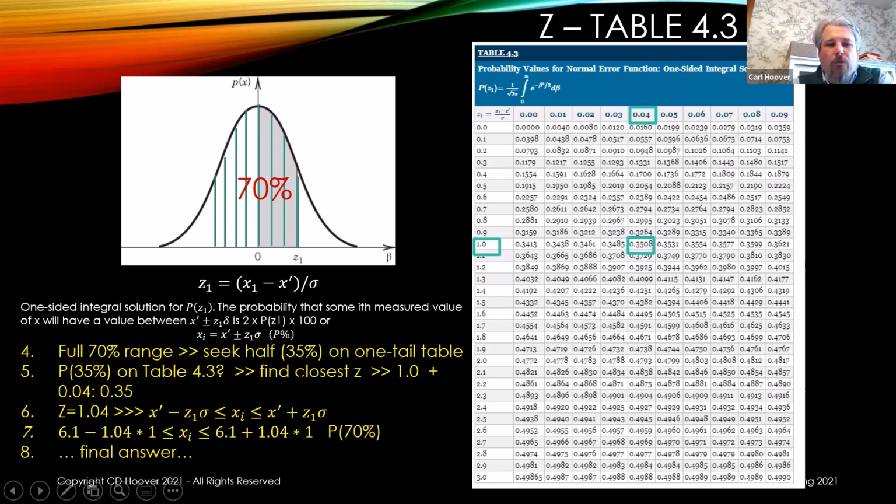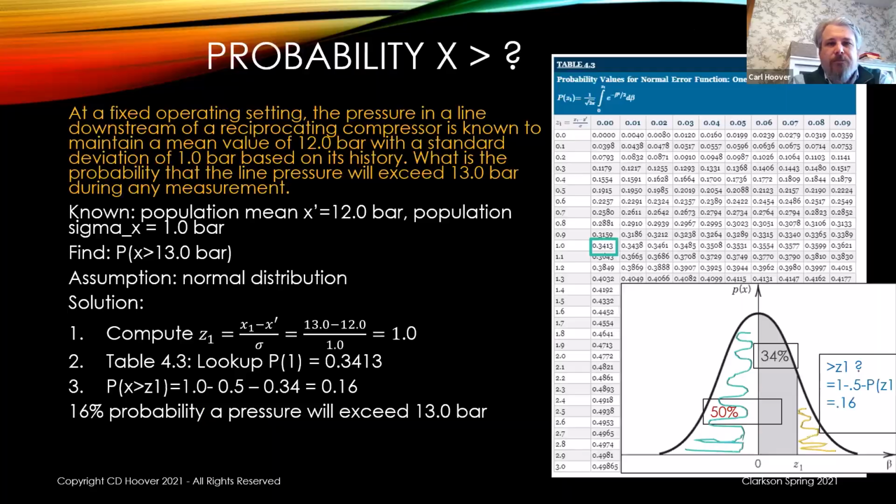So with 1.04 known Z, also with the known mean and standard deviation, we can define the limits, the range of the 70% band using those values, and it's shown here. Okay, so my calculation came out with 5.06 to 7.14 is where 70% of the data lies with this application.